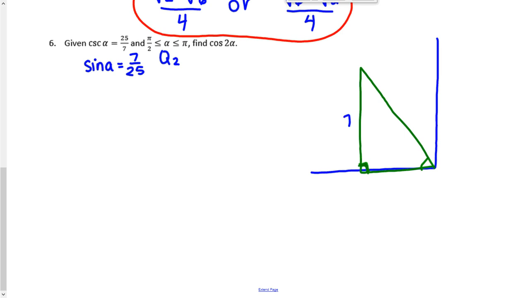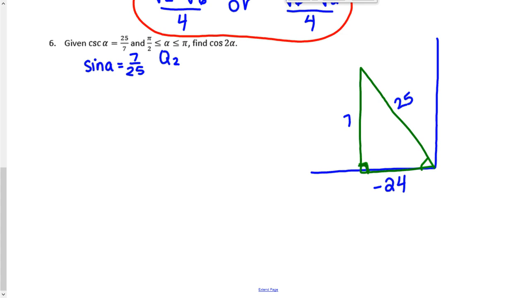So here's the 7, here's the 25. If you know your Pythagorean triplets, you already know 24. But because we're in the second quadrant, we know that the cosine is negative, so that x value is going to be negative.